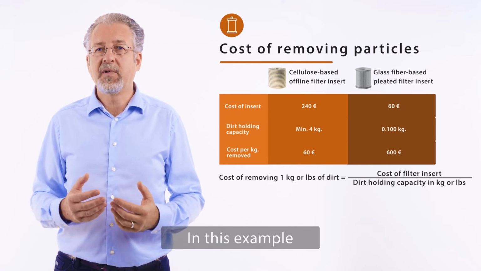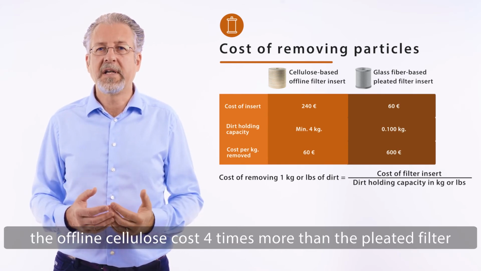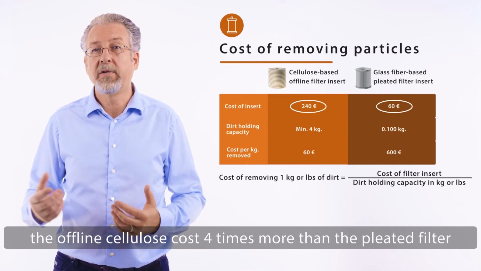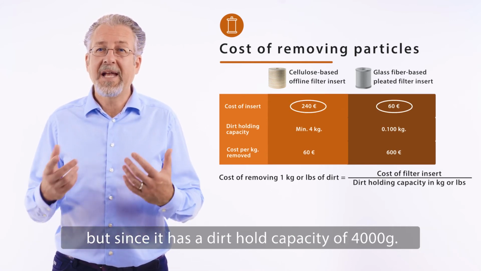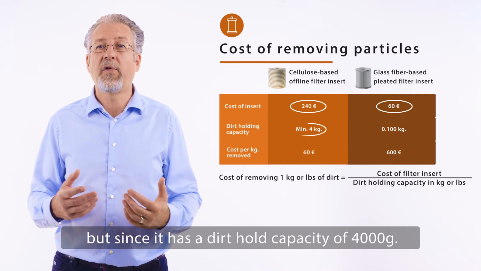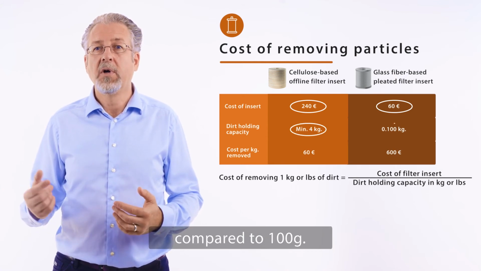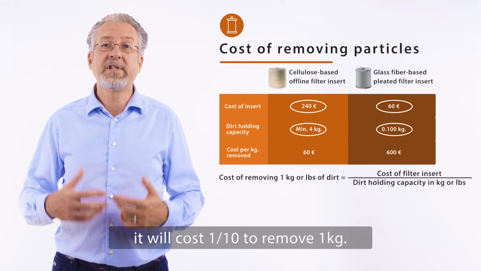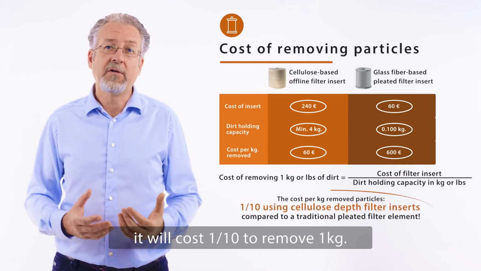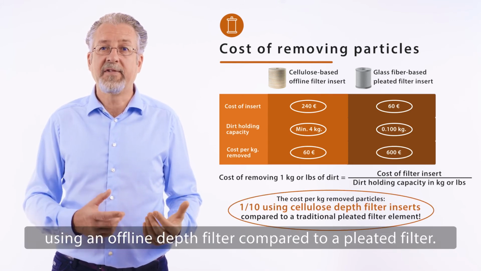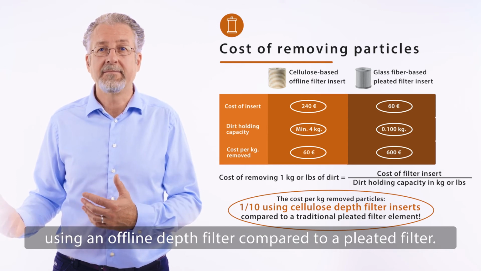In this example, the offline cellulose filter costs 4 times more than the pleated filter, but since it has a dirt hole capacity of 4,000 grams compared to 100 grams, it will cost 1/10 to remove 1 kilogram using an offline depth filter compared to a pleated filter.